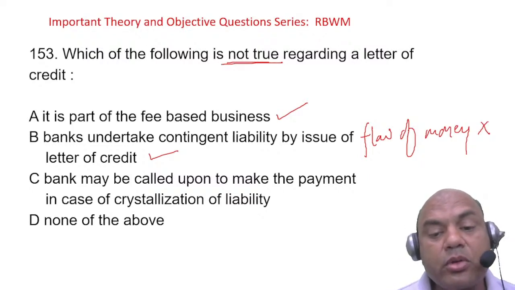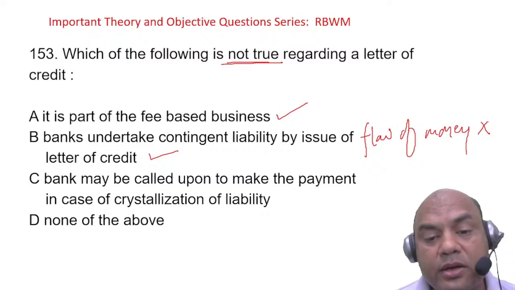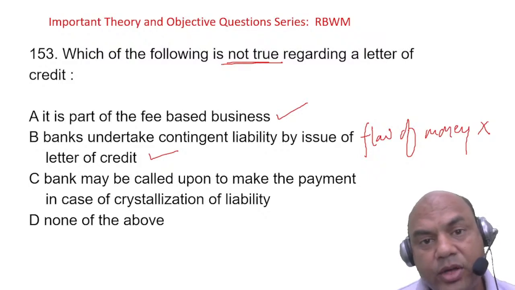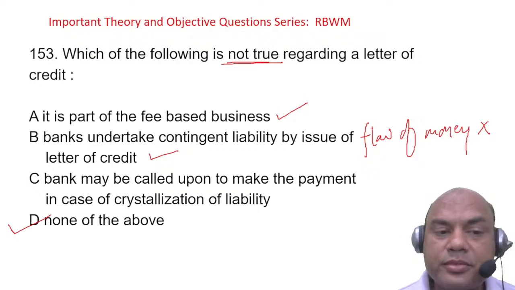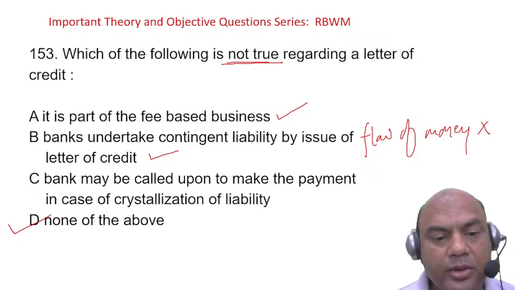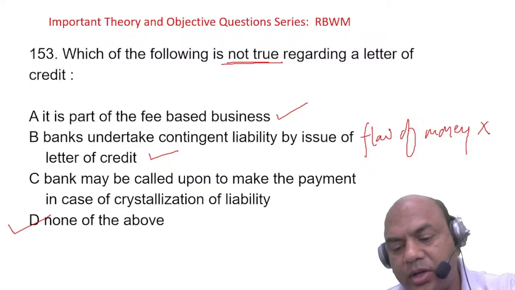Bank may be called upon to make the payment. So this is what I called a future. It means in future the bank may be told to pay that party. So the answer is none of the above. Correct. Let me see how many of you have typed the correct D.